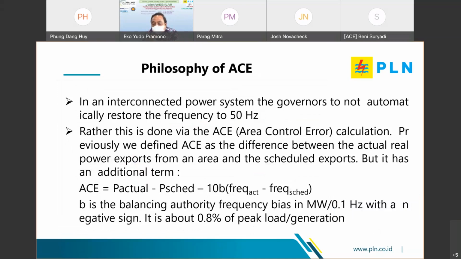Previously, we defined it as the difference between the actual real power export from an area and the scheduled export, but it has an additional term that we discussed before. B is the balancing authority frequency bias. So we can put in the actual, the scheduled, and the frequency bias.